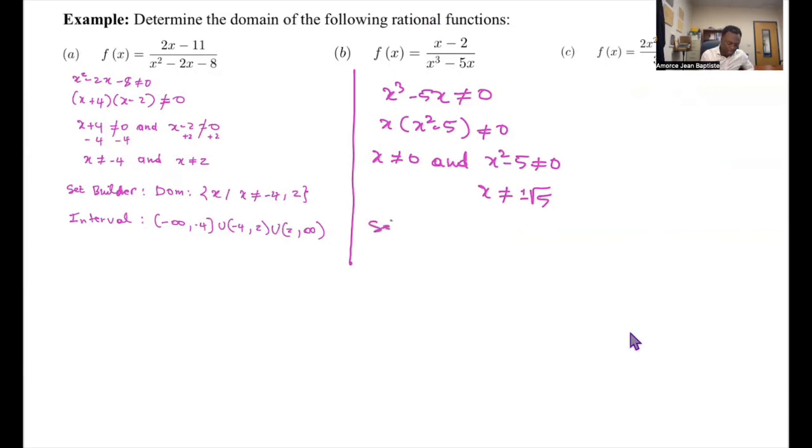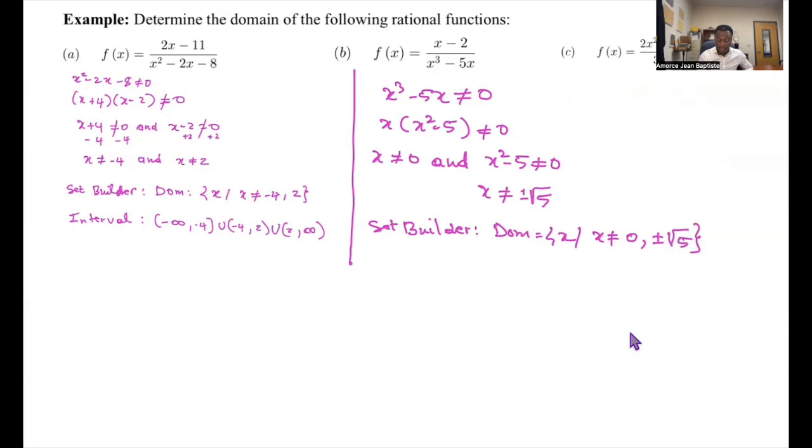So the set builder notation for the domain is all real numbers except x equals 0, plus or minus square root of 5.